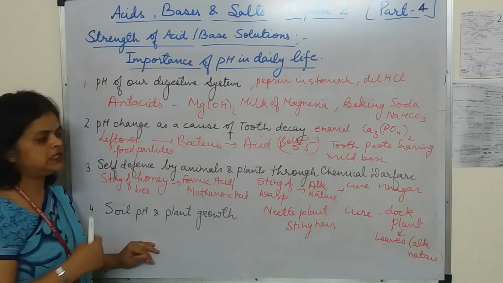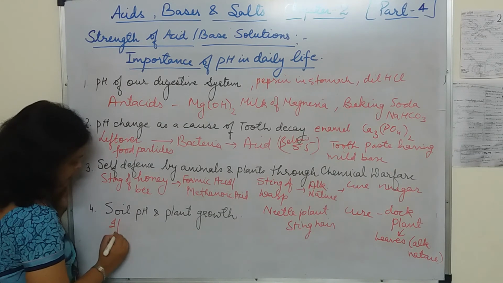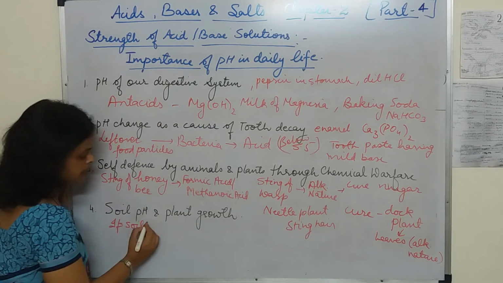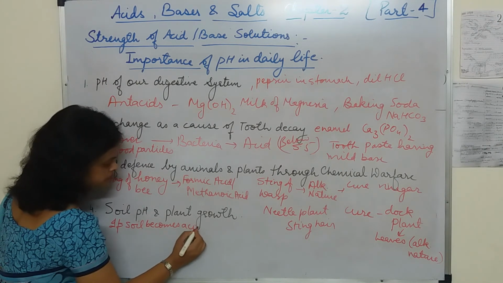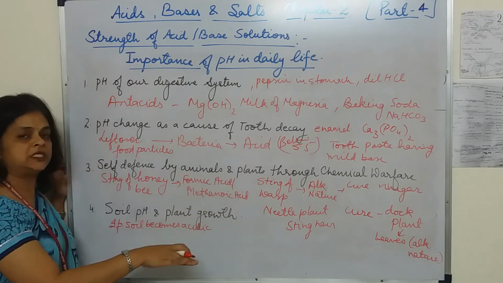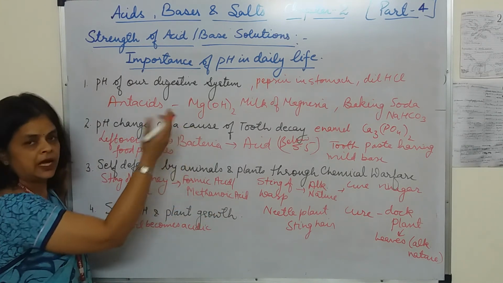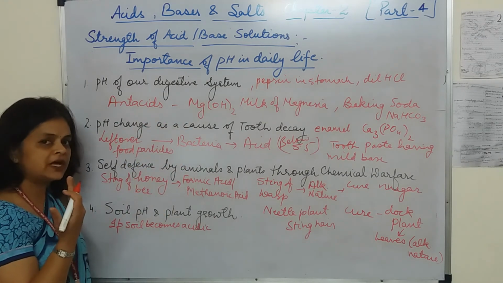Accordingly they take the decision. Suppose the soil becomes acidic, that means if they test the pH of the soil and it comes out below 7, as we discussed in the previous one, below 7 means it is acidic.